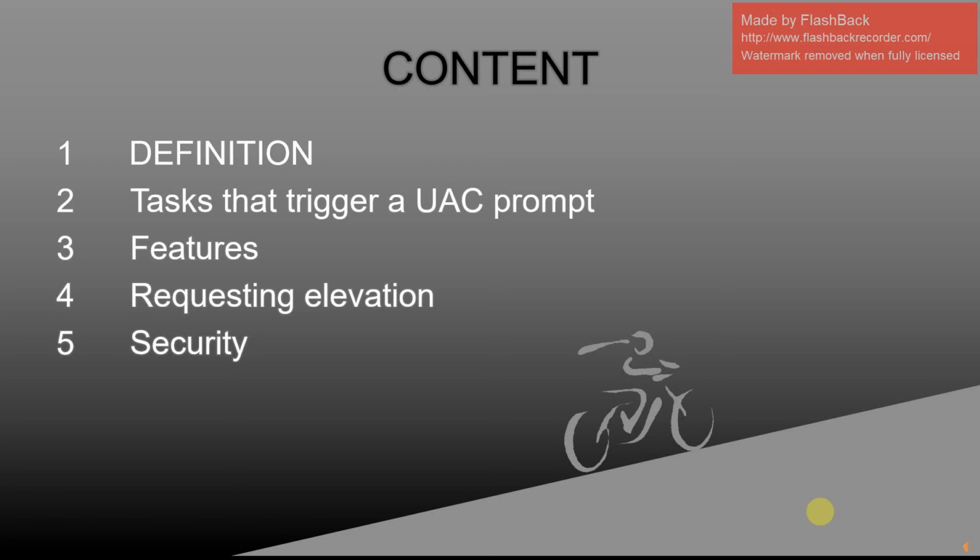And then the next slide will be the tasks that trigger a UAC prompt. Then I will talk about features of UAC, and then requesting elevation. And lastly, I will tell you about its security.